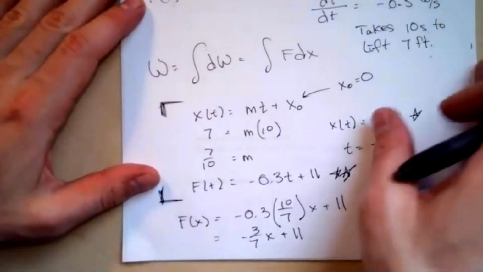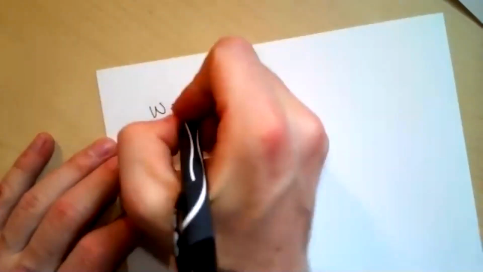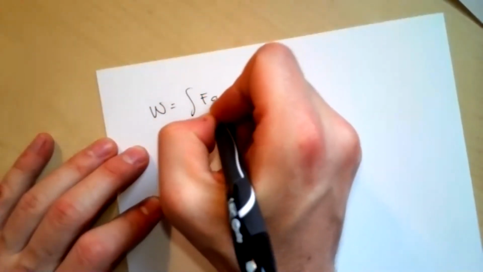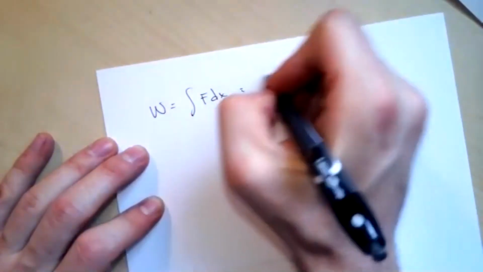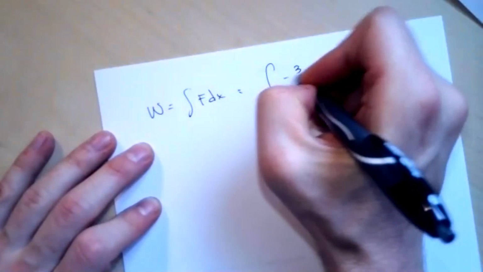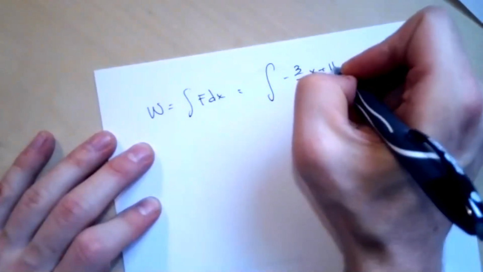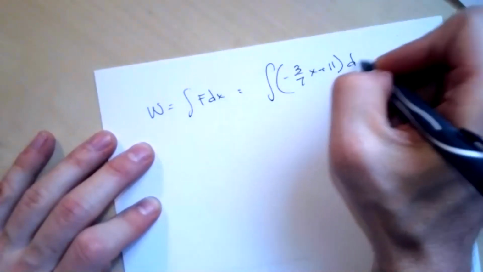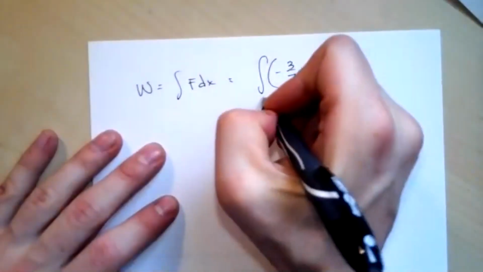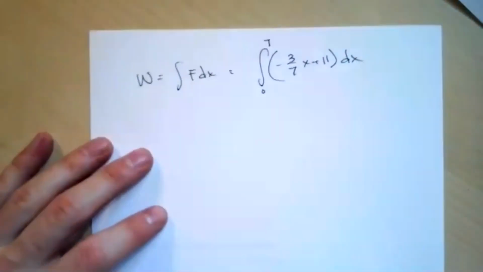And now the work integral is pretty easy from that. Our work, as we had, was just the integral of f dx, which is then the integral of minus 3/7 x plus 11 dx. And we are lifting from 0 to 7.